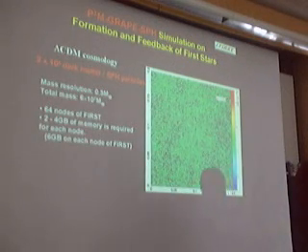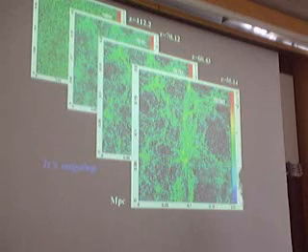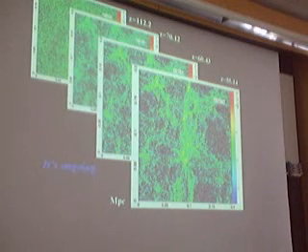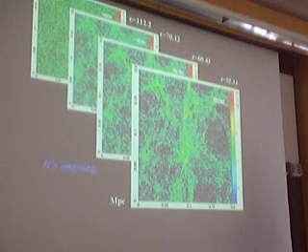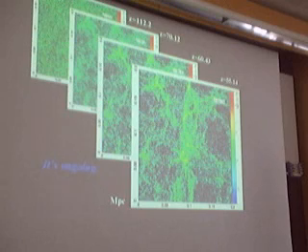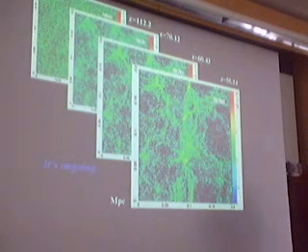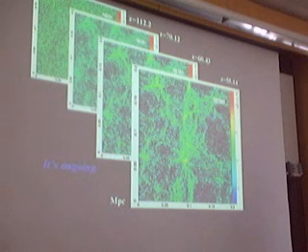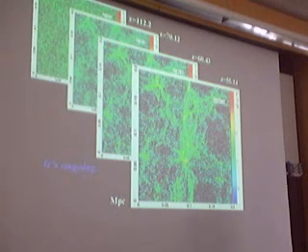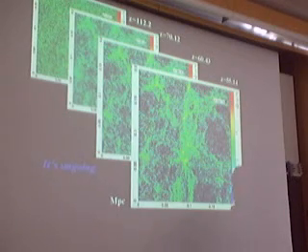We are now calculating the evolution of the first structure in the universe. Unfortunately, I cannot show you the details now. This is just an ongoing project, and it takes several months to get the final result, so I would like to show you the final result later.